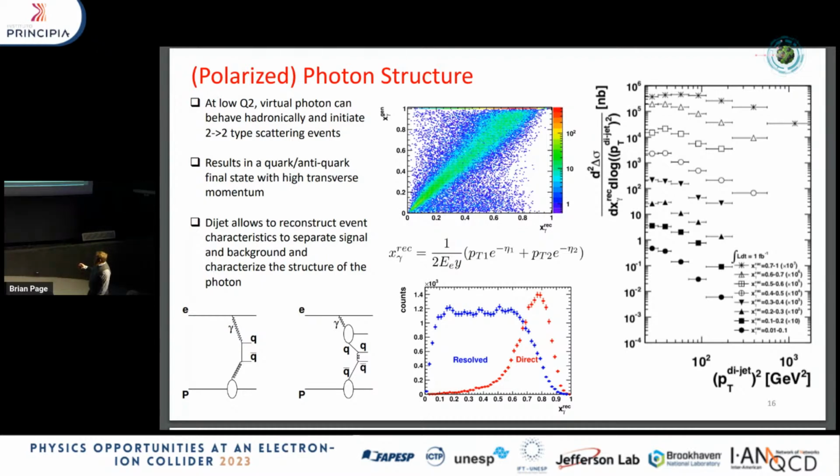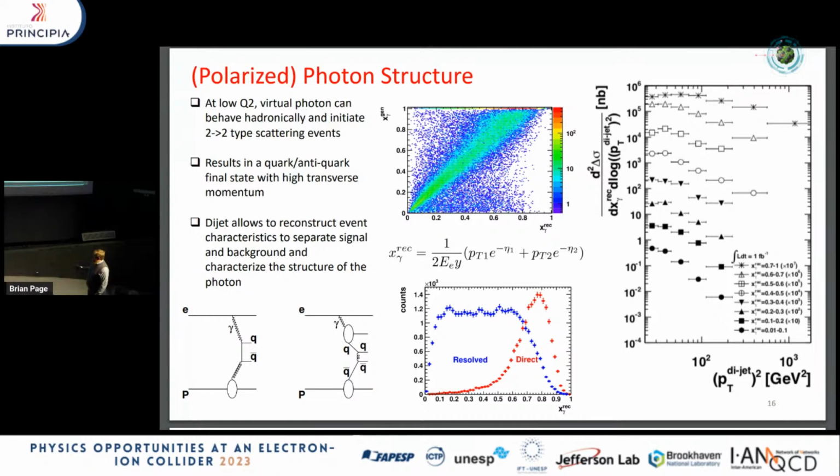The power of using jets for this measurement comes in when you can reconstruct this quantity x gamma, which tells you how much of the photon's momentum is being transferred to this interaction. For a direct process, this is going to be one. The photon is just a point-like particle, and it gives all of its energy.